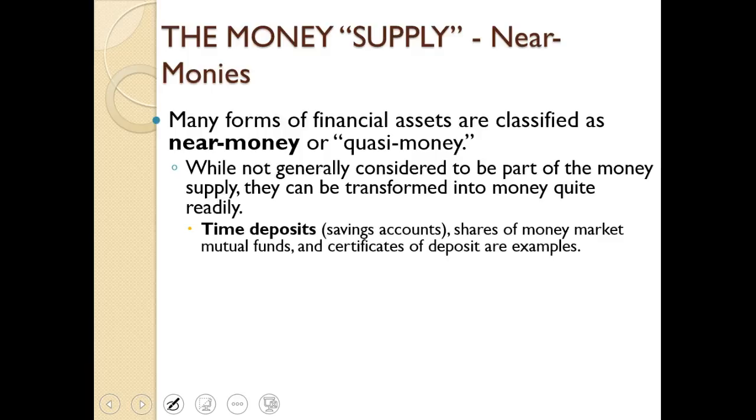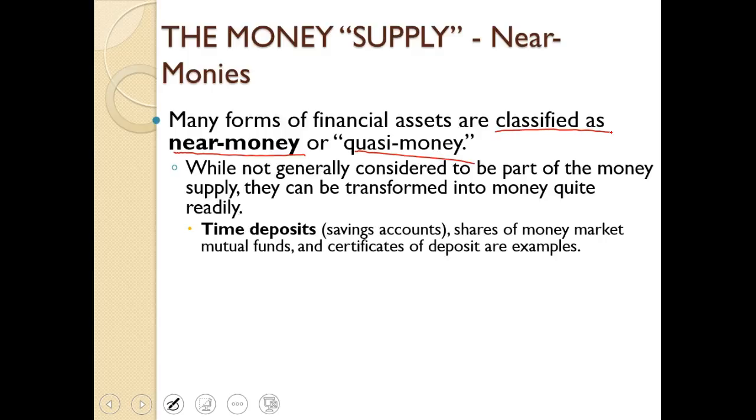Well, there's another calculation, and it incorporates near monies or quasi money, and that's going to be called M2, which we'll talk about here in a minute. So many forms of financial assets are classified as near money or quasi money.